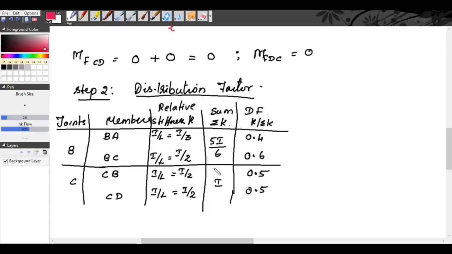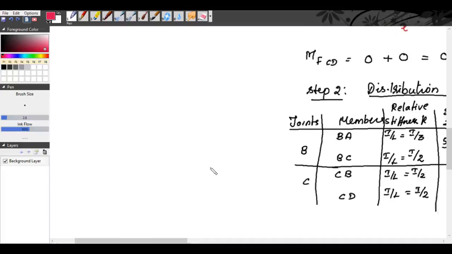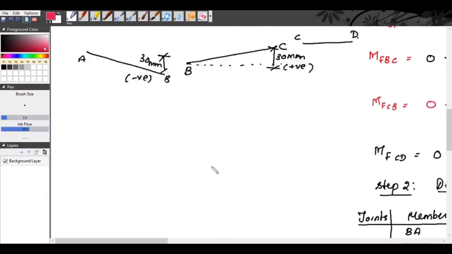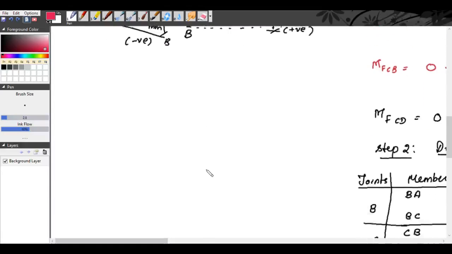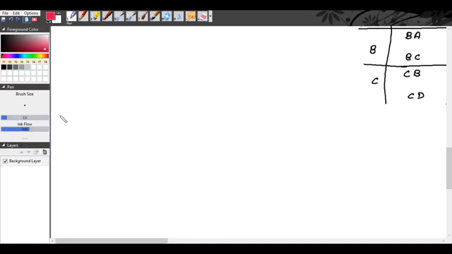Now we will draw our moment distribution table, right? So step 3, we will write here. Step 3 is our moment distribution table.